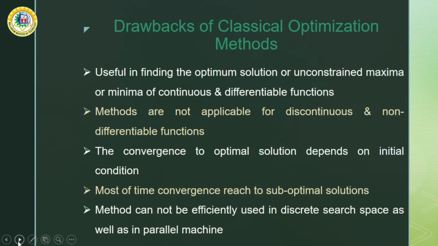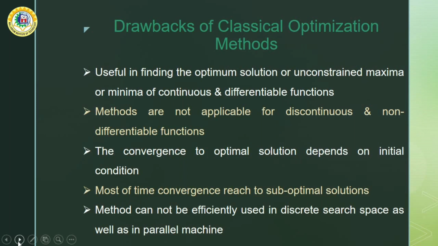Nowadays, evolutionary algorithms are used to solve many real-life optimization problems because of some limitations of classical optimization methods. First of all, the classical optimization methods are not applicable for discontinuous and non-differentiable functions. And we know that many real-life problems cannot be represented in continuous and differentiable form.